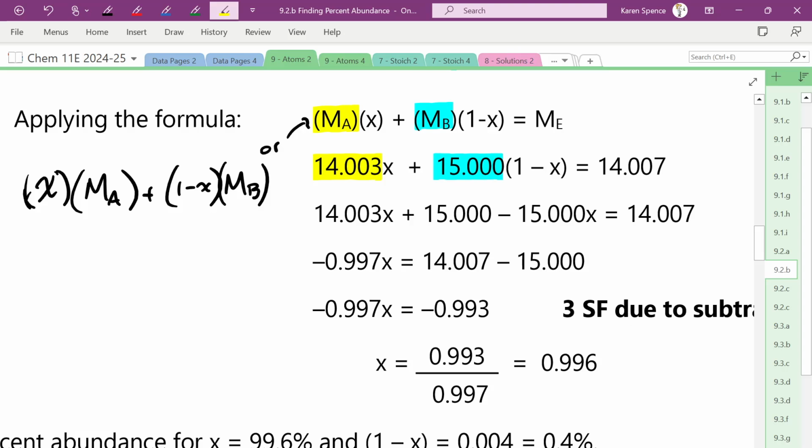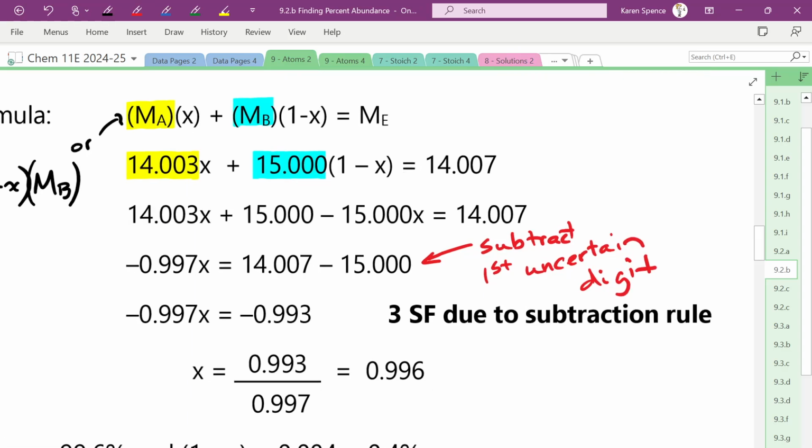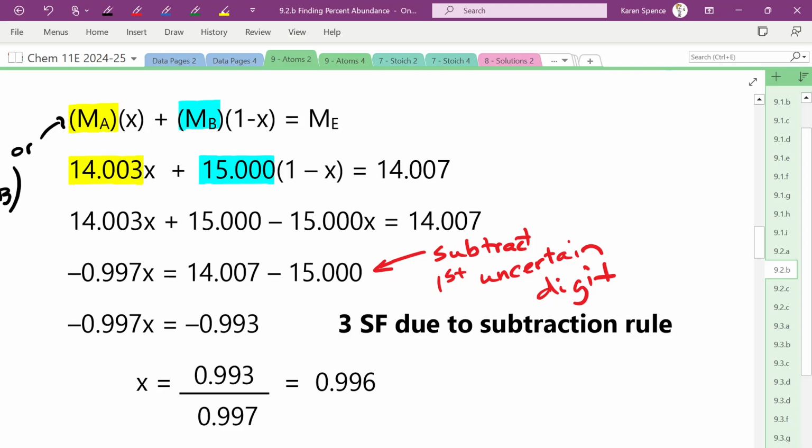There's 3 sig figs due to subtraction. Let's see how that works here. We have a subtraction here, and when we do a subtraction, what do we go to? We go to the first uncertain digit. Who is the first uncertain digit in 14.007? 7. How about in 15.000?